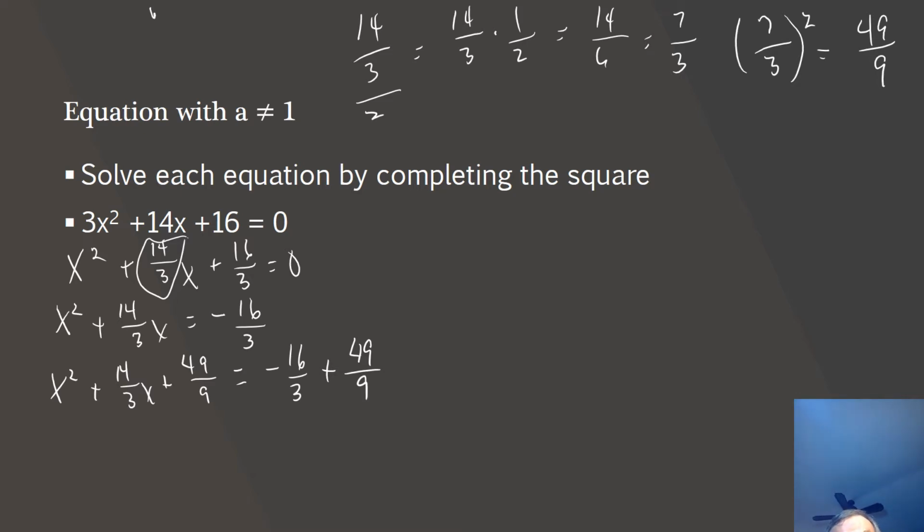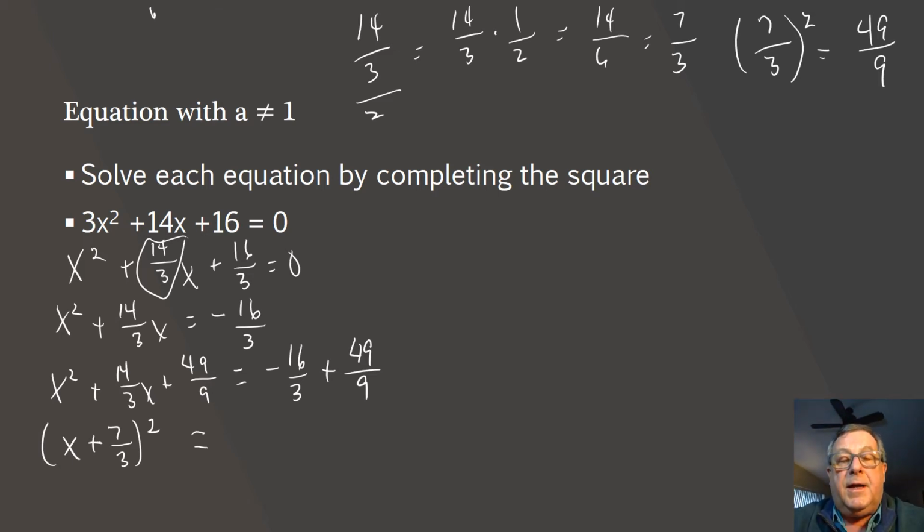All right, well, I know what my factor is. I'm going to go ahead and factor this left side. So I got x plus 7/3 squared, x plus 7/3 times x plus 7/3. I kind of skipped a little step in there. And then I've got negative 16/3 plus 49/9.